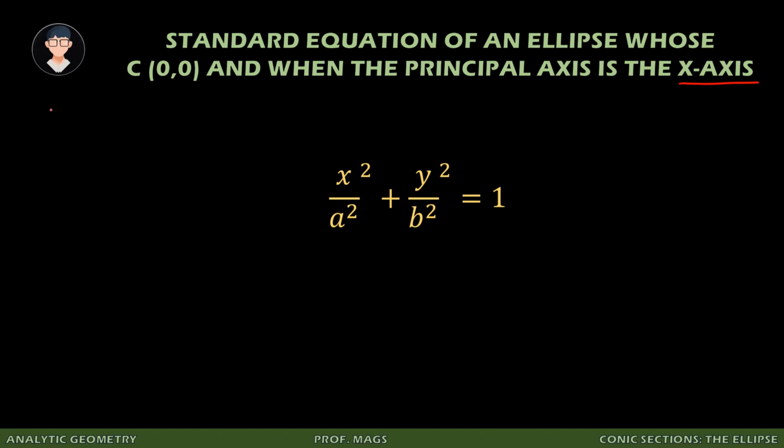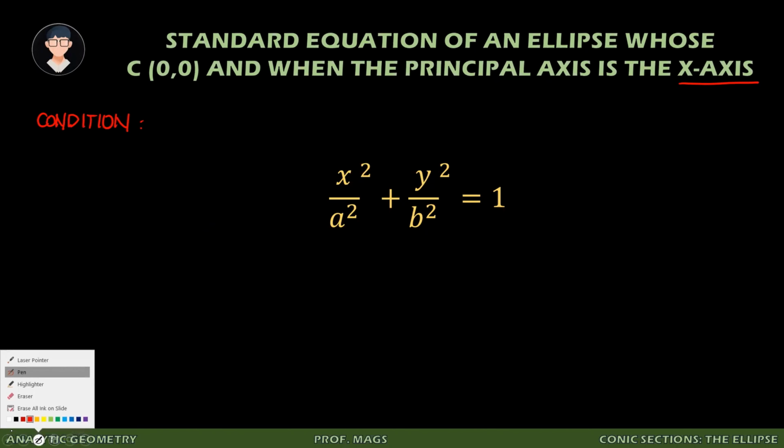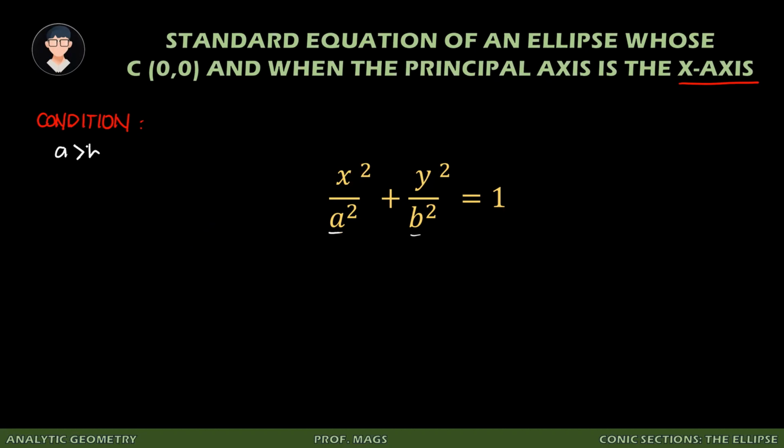So our condition to identify what is the principal axis of an ellipse is the value of a and the value of b. So a is greater than b, and if you are given a c value and you compare it to the a value, a should also be greater than the value of c.